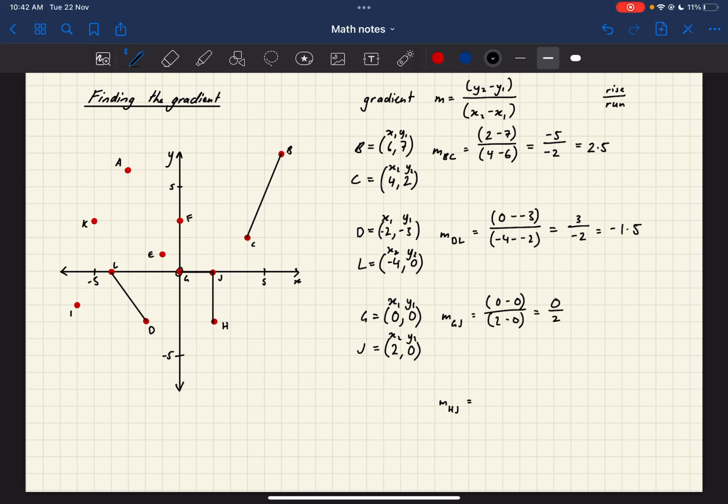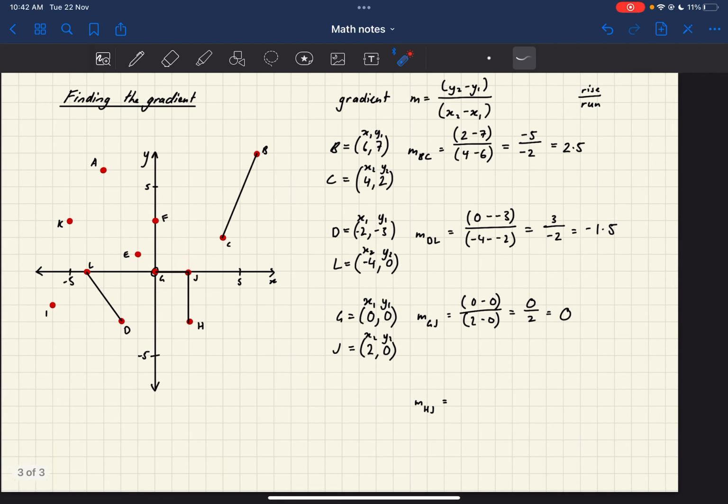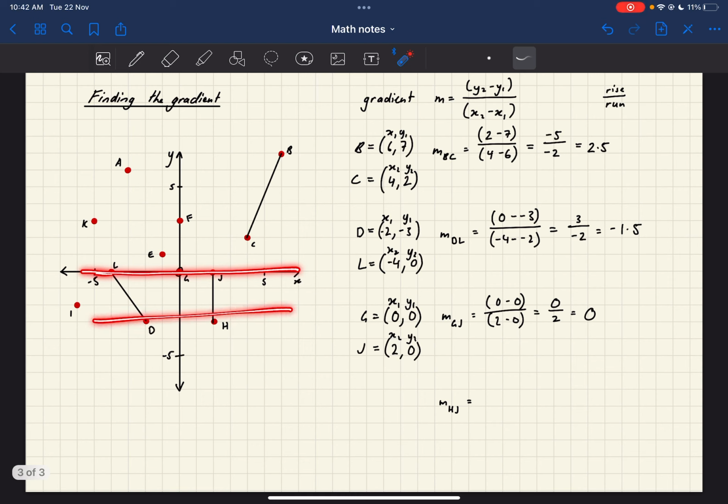So that gives us 0 divided by 2, which is 0. And that's always the case for horizontal lines. If it is horizontal, which means it's parallel to the x-axis, any lines that look like that, then it's going to have a gradient of 0, because every one that it goes along, it doesn't go up or down, it stays at the same place.